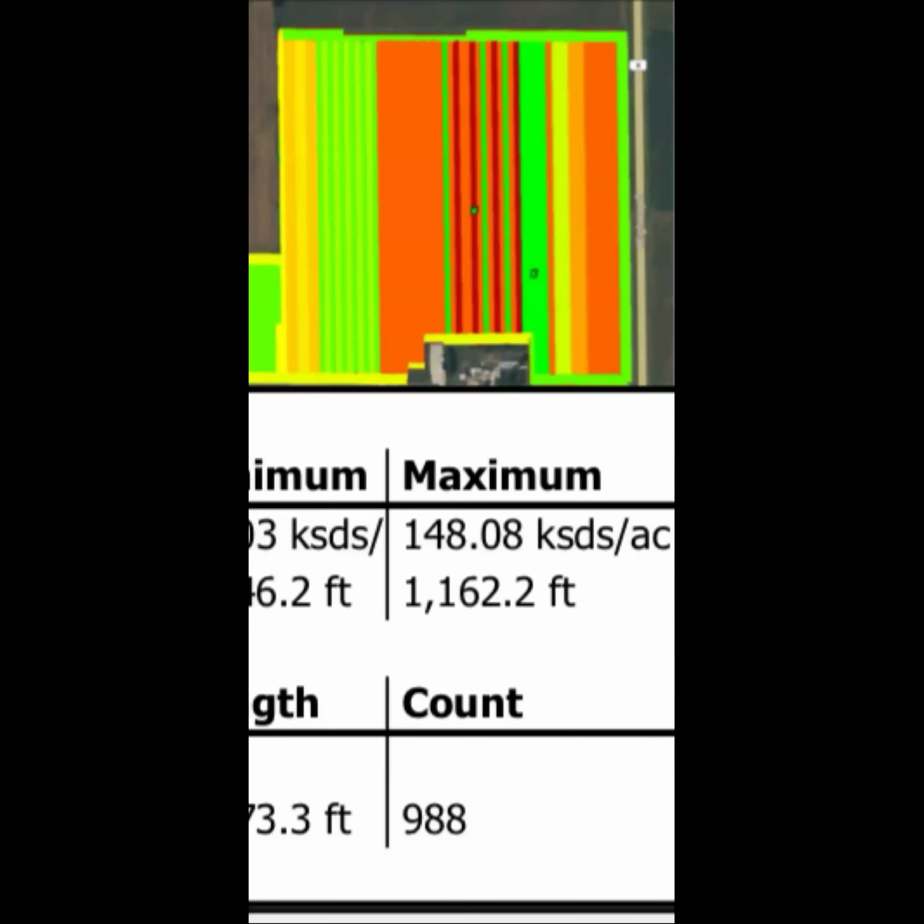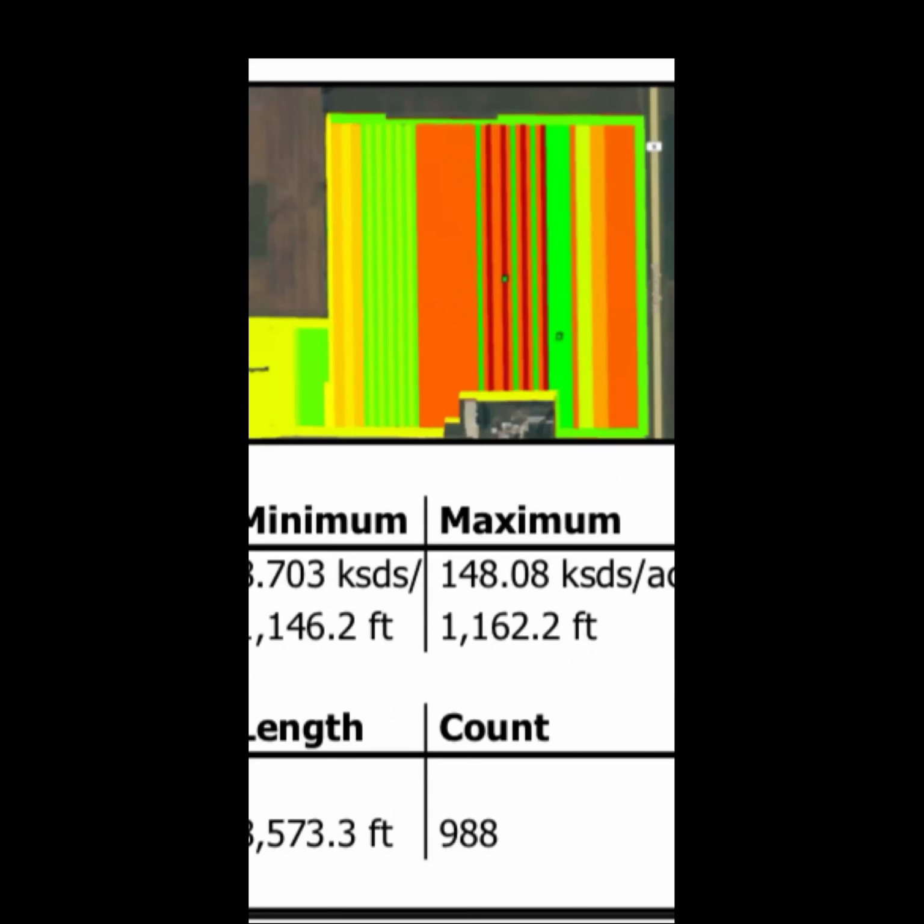So the nutshell here is you're seeing the whole field in the little photo there, but you really can't zoom in enough to tell. There's a little building site there, and you see the strips north of that building site.